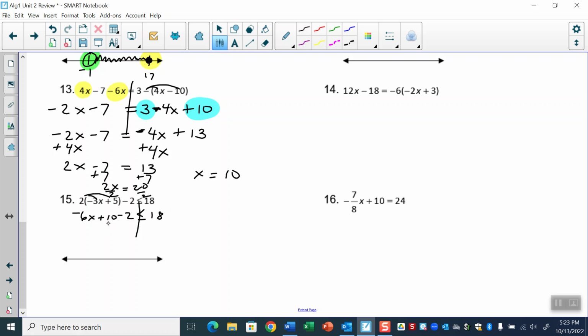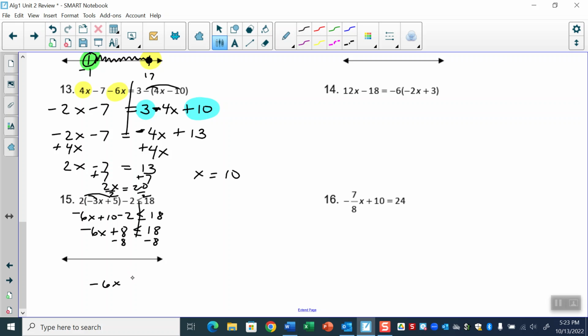And then now I've got -6x, it just stays as -6x, but 10 minus 2 is 8, so I'll go ahead and simplify that. And then now I'm going to subtract 8 on both sides, so I get -6x.